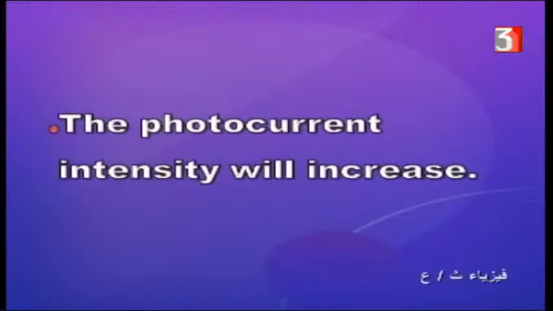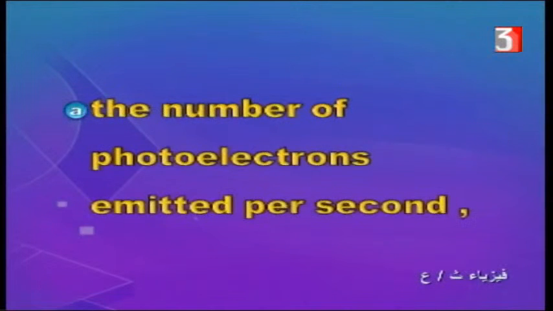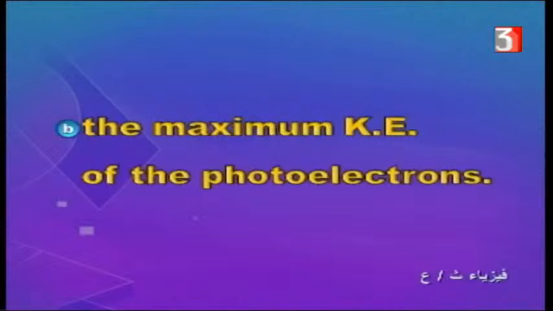Another question. A metal surface is illuminated with monochromatic radiation whose frequency is greater than the threshold frequency. Explain how to increase the number of photoelectrons emitted per second, and how to increase the maximum kinetic energy of the photoelectrons.